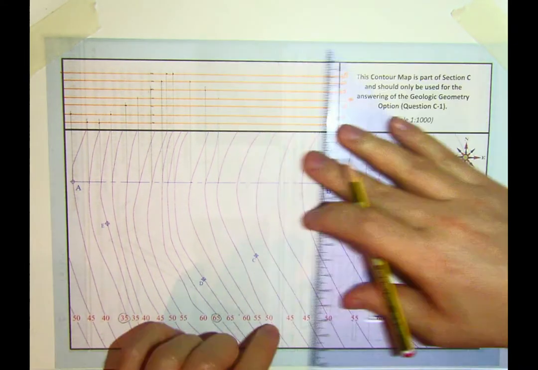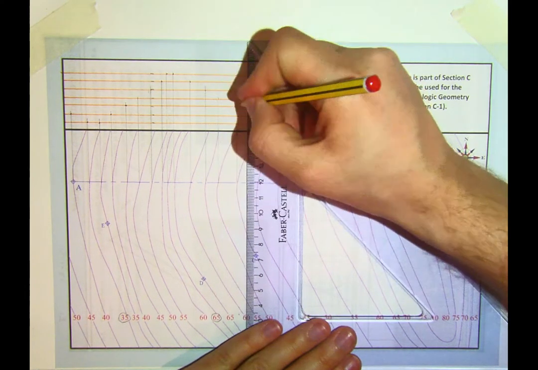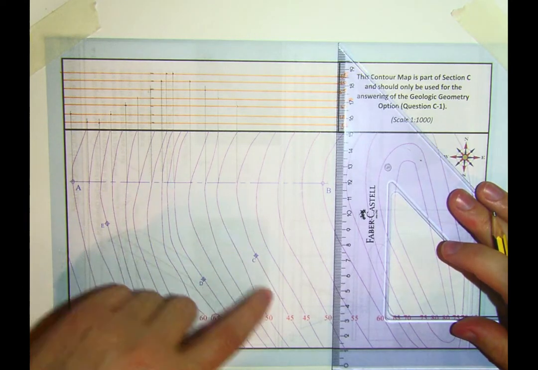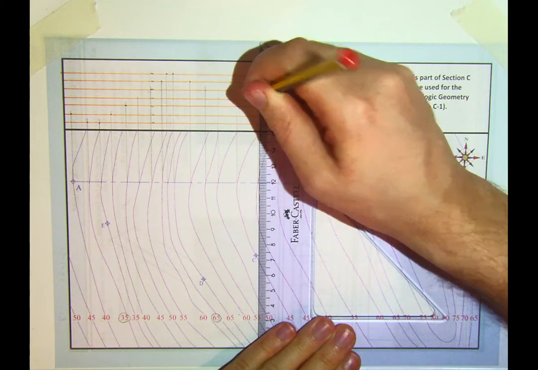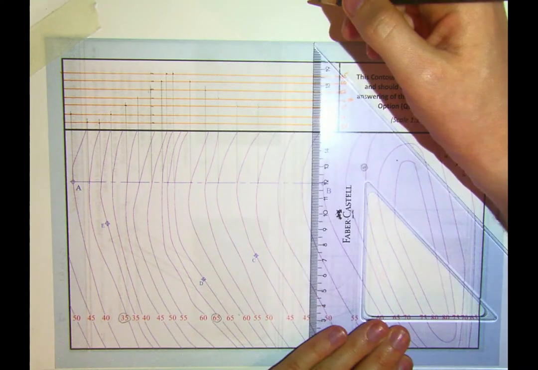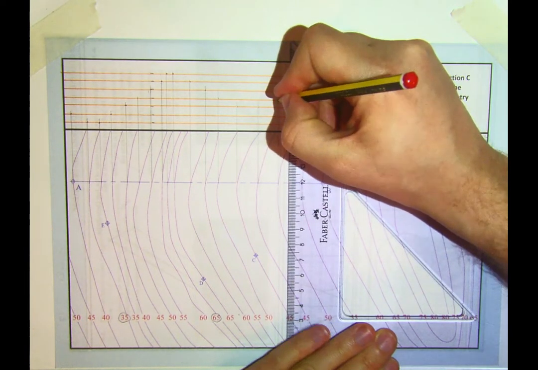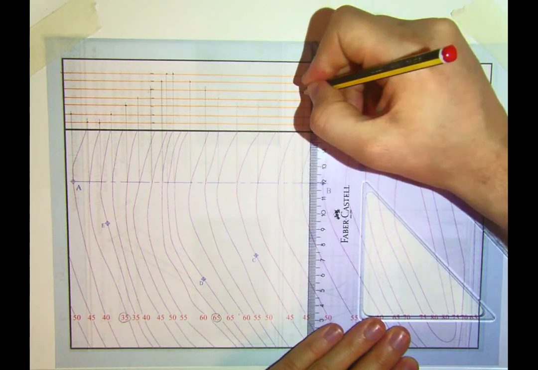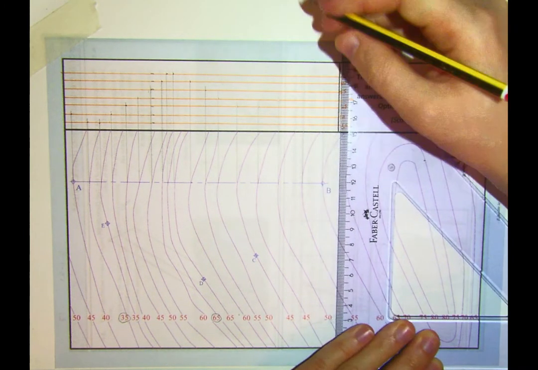So again, just looking at their heights down here, wherever the contour cuts the blue line, the line AB, that's what we're marking up. So that was 45, another 45 here again, 50, and point B there is at 60.